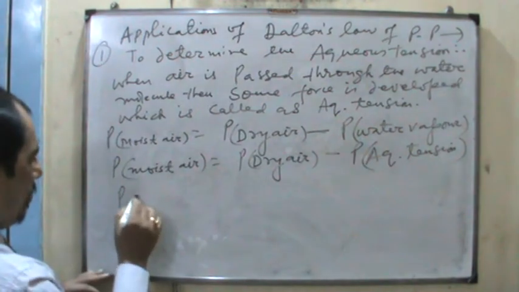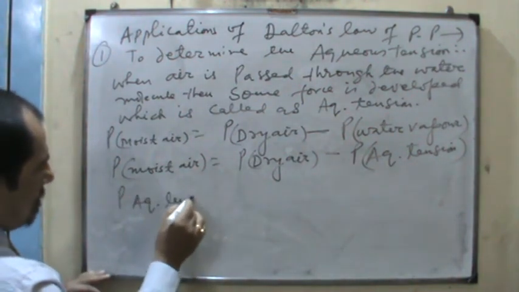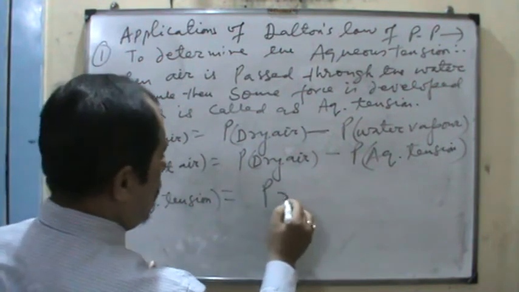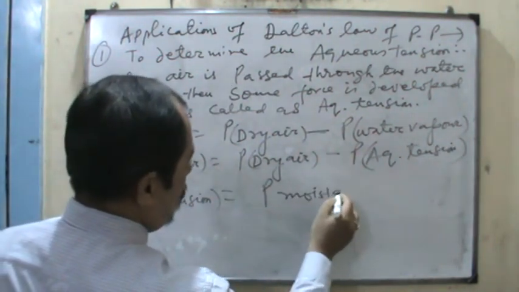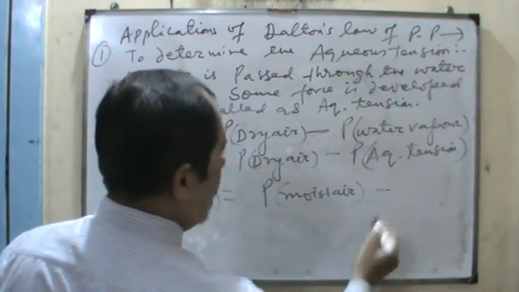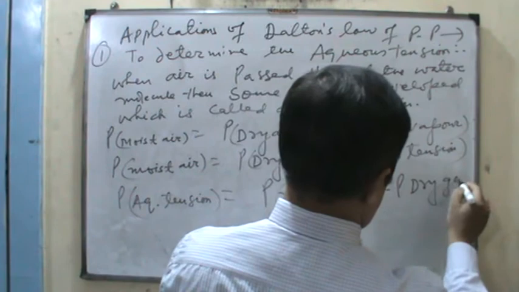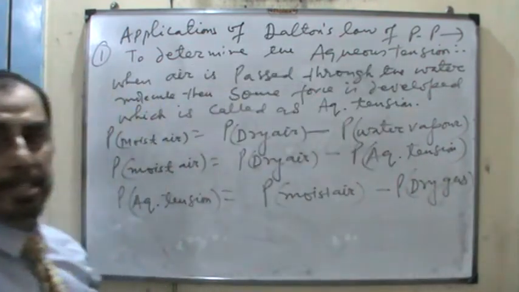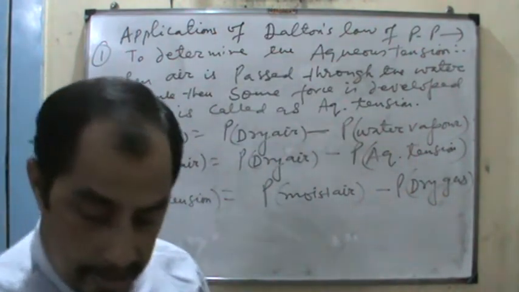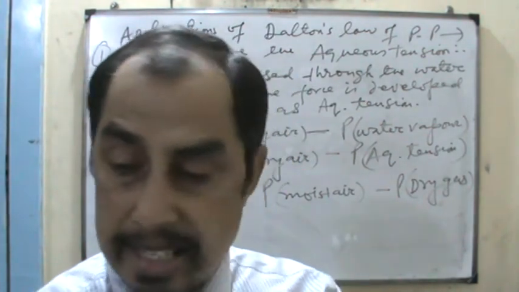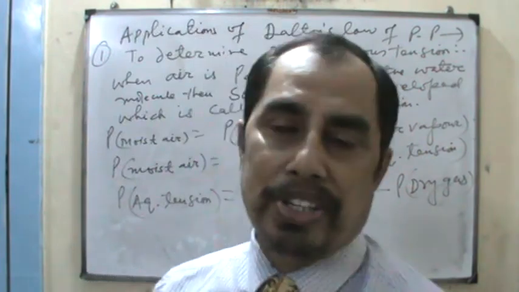Once you want to calculate the aqueous tension, take pressure of the dry gas minus pressure of the moist air. It is one of the applications of Dalton's law of partial pressure.